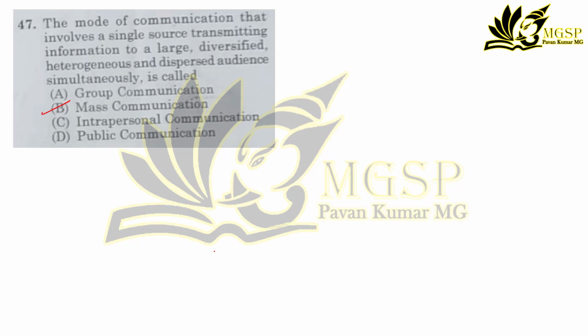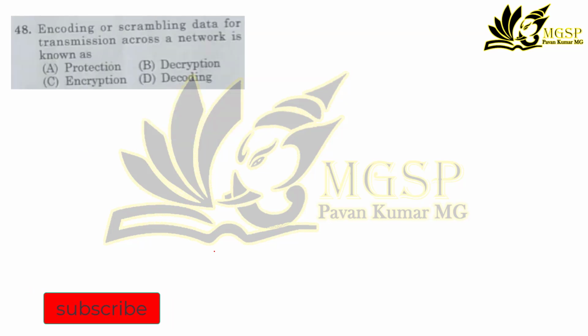Next, encoding or scrambling data for transmission across a network is encryption. In computer science, you know it is a secret key used to code a message in encrypted form, so that we protect the message. That is known as encryption.